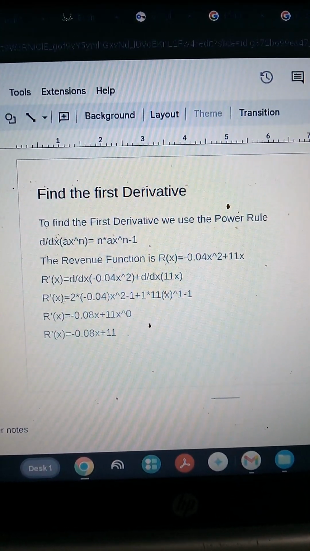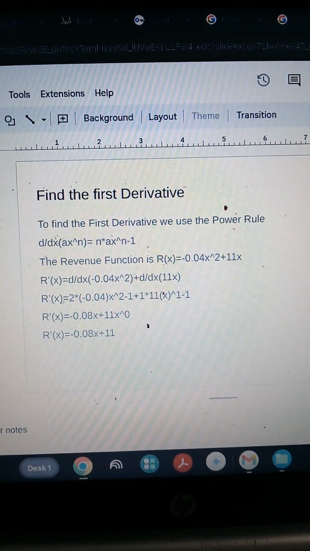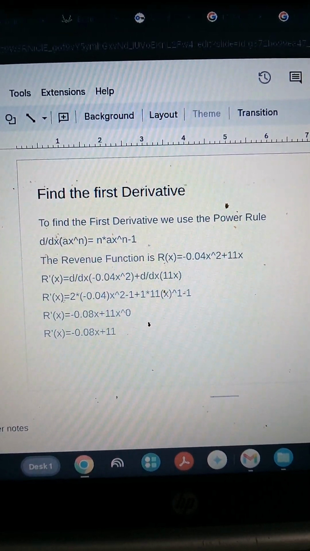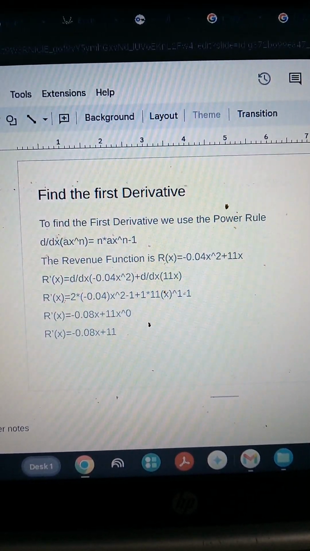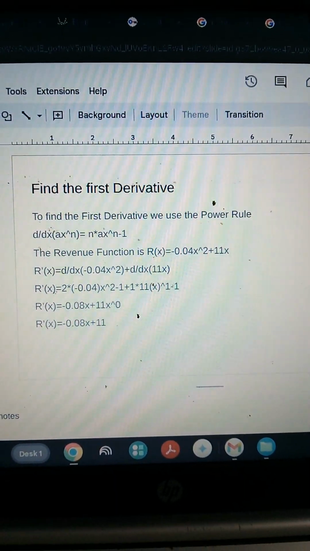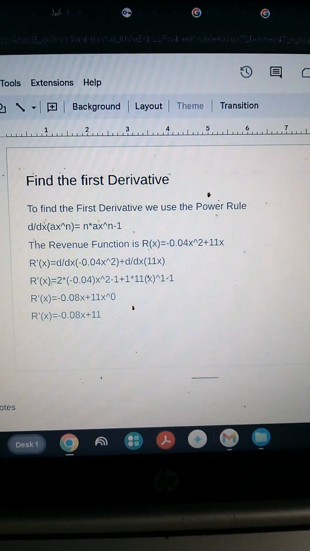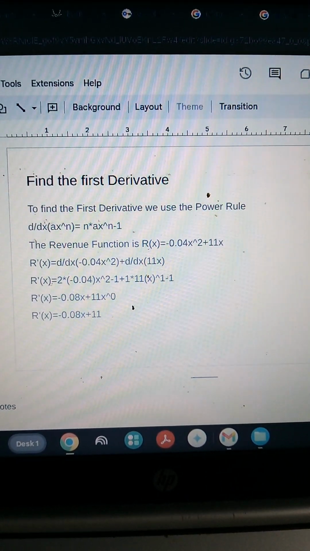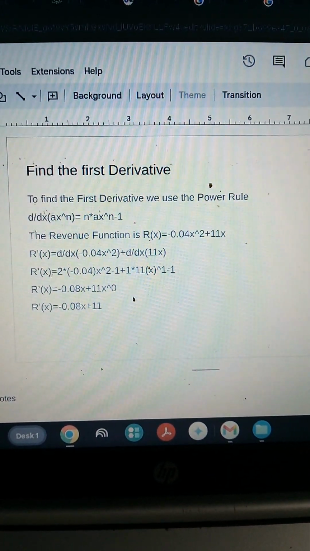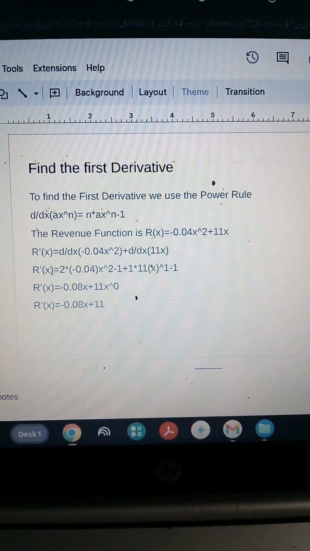To find the derivative of that, we have to find the derivative of negative 0.04x to the power 2. The power 2 goes outside, and you multiply that by negative 0.04. The x stays, and for the power, you just subtract 2 minus 1.